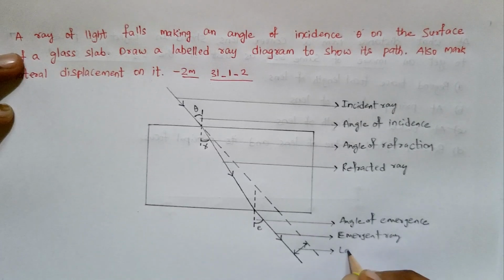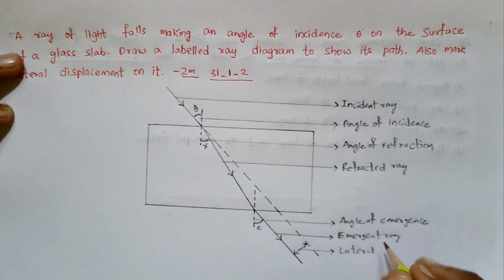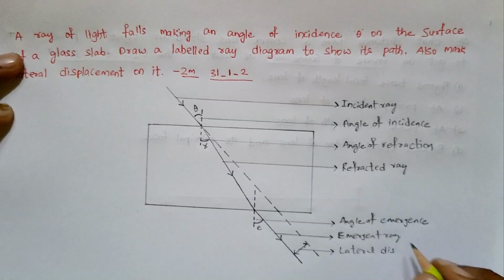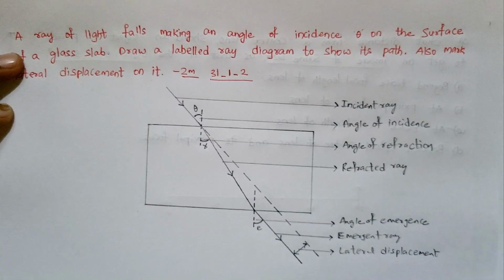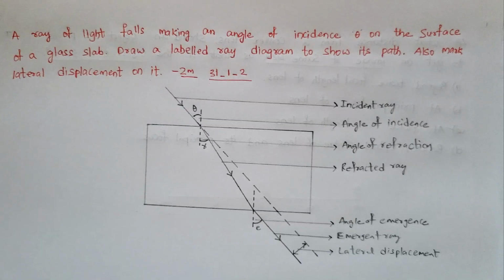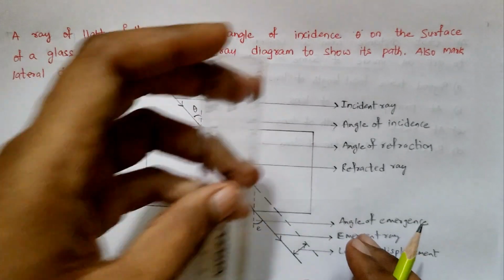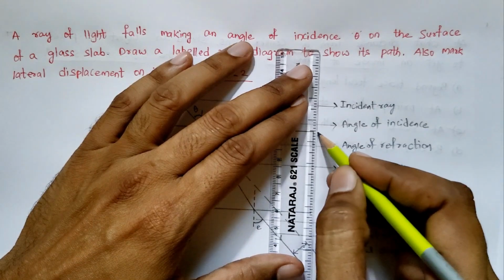And this one will be lateral displacement. One more part if we want to mention, we can mention the thickness of the glass slab. We can mention thickness of the glass slab like this here.